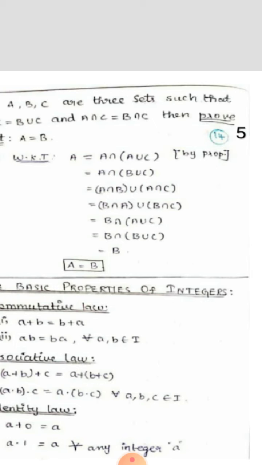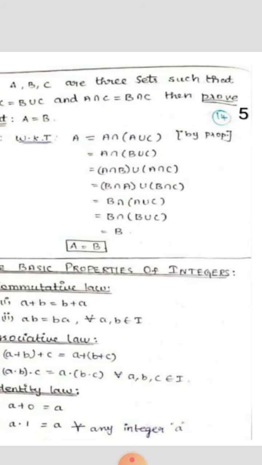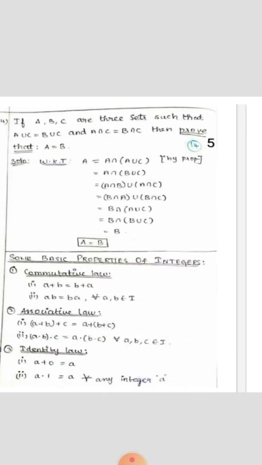The two conditions are A union B is equal to B union C and A intersection C is equal to B intersection C. We have to prove that A is equal to B.